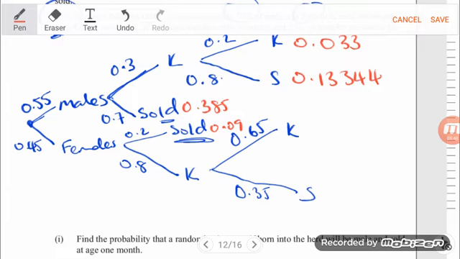0.45 times 0.8 times 0.35. Oh, so I'm going all the way along the very bottom. Gives me 0.126.